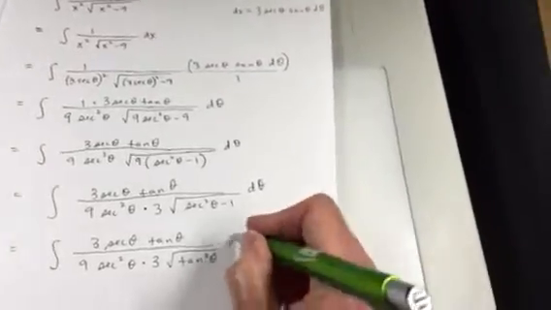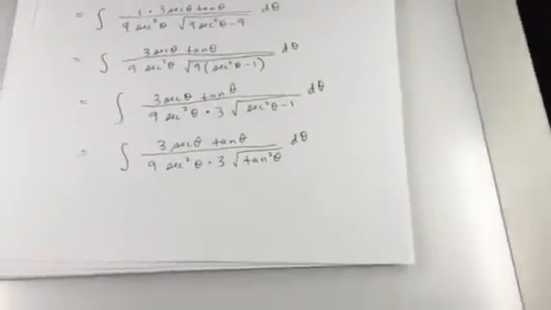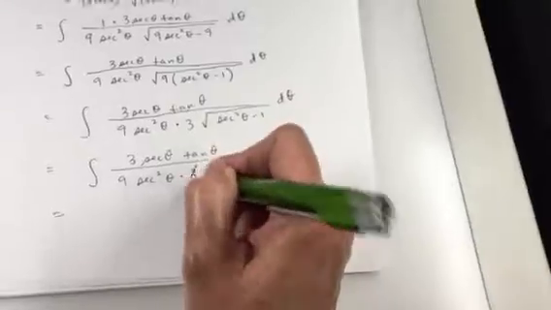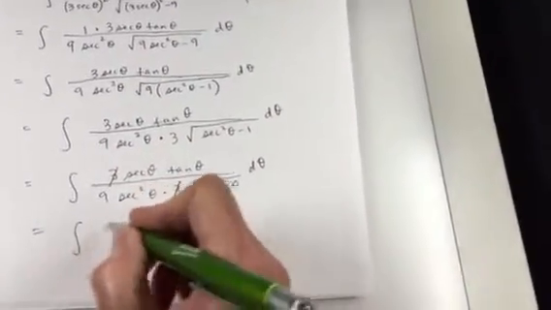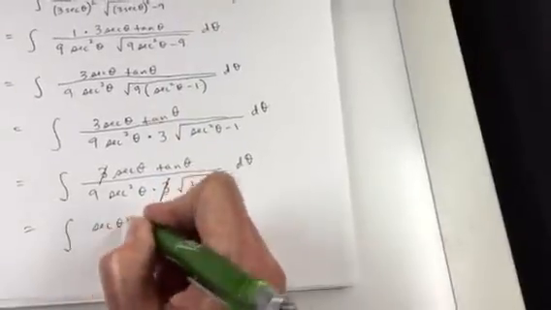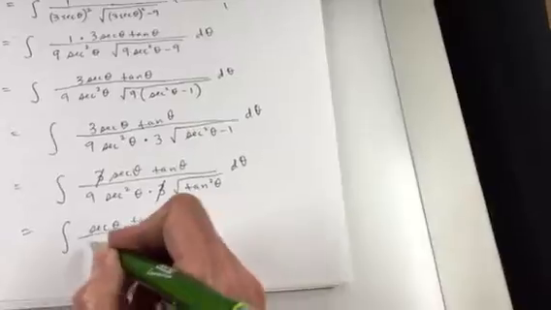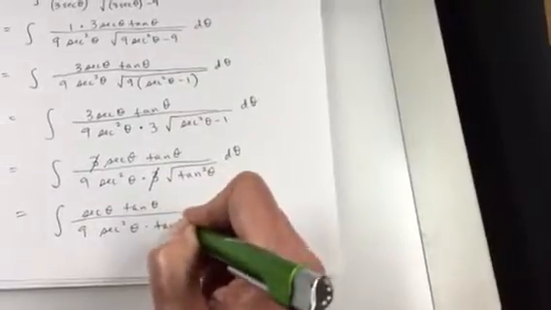Look, that's the square root of tangent squared theta, and the square root of tangent squared theta is tangent theta. Let's go ahead and reduce this 3 with that 3, and I'll write this as secant theta tangent theta over 9 secant squared theta times tangent theta d theta.